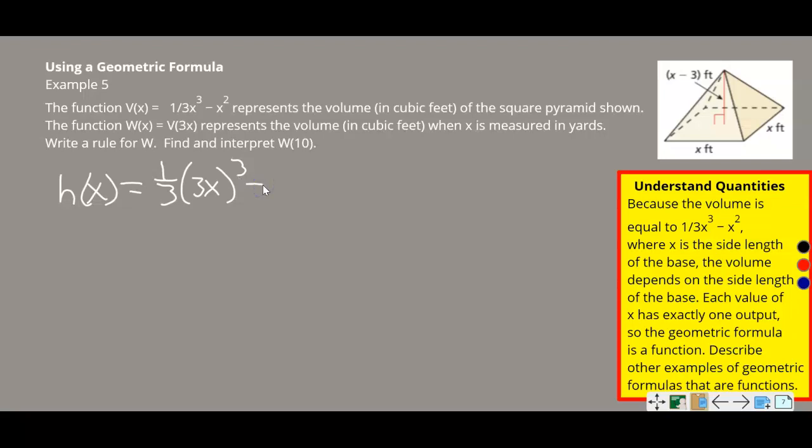And then minus, instead of x, we're going to have 3x again, squared. So now we need to simplify that. We're going to have 1/3, 3 cubed is 27, x cubed, and then minus 3 squared is 9, and that would be x squared.